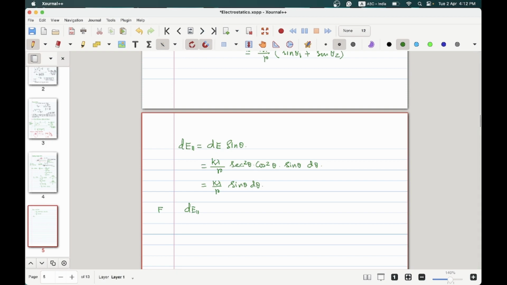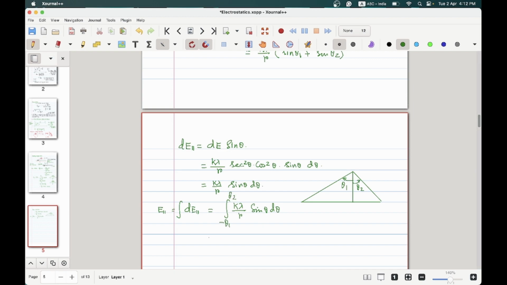So E parallel is what? Integration of dE parallel, so this is k lambda by r sin theta d theta. And what should be the limit? This is theta 1 and theta 2, so this is minus theta 1 to theta 2 again.